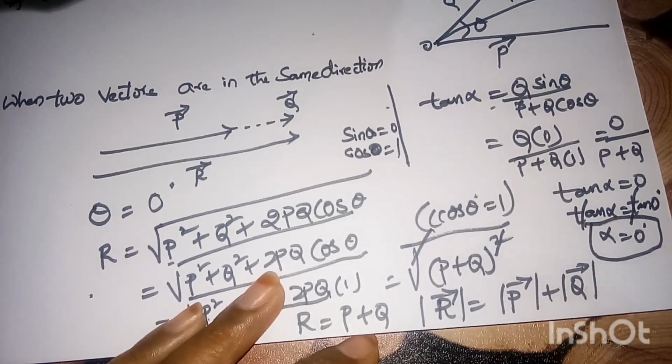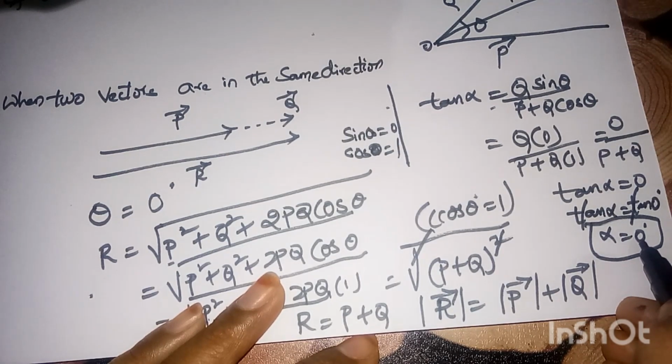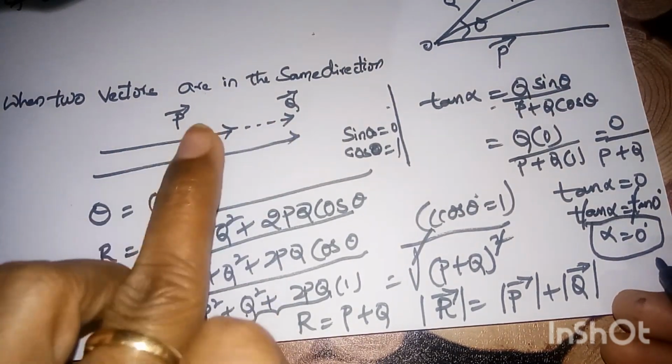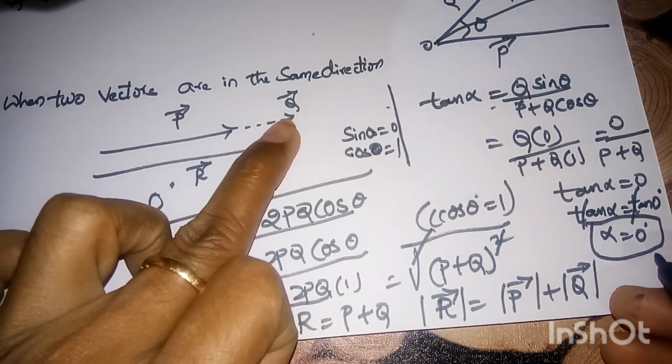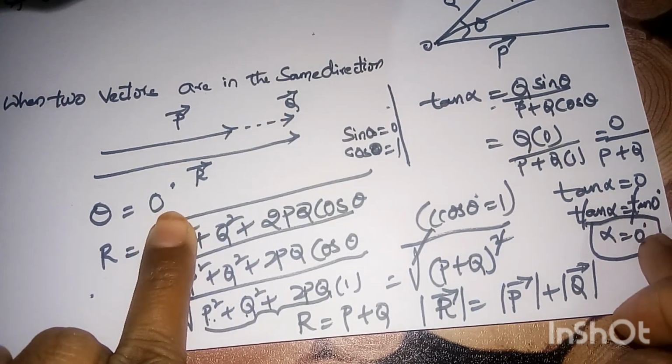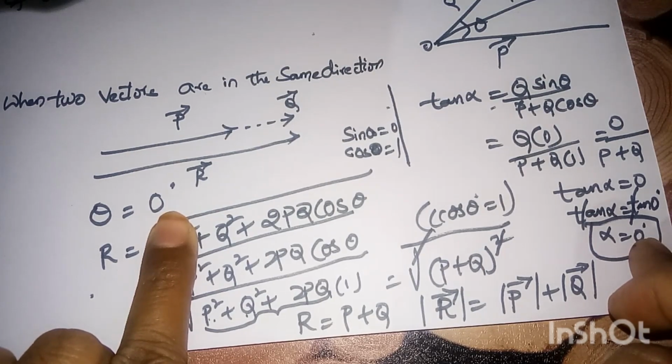So the direction of the resultant will be the same direction along p bar and q bar. As p bar and q bar are moving in the same direction with an angle of 0 degrees, here we got the angle of the resultant as 0 degrees.